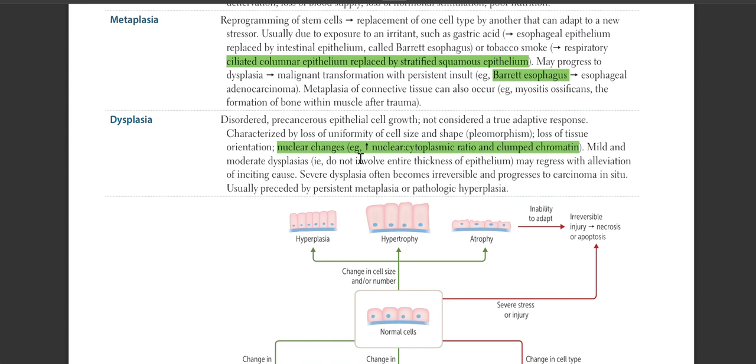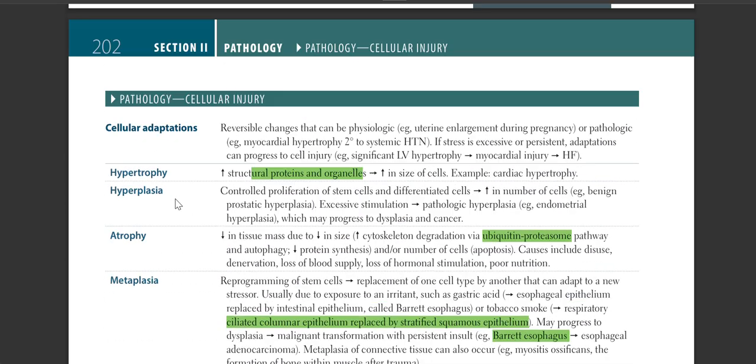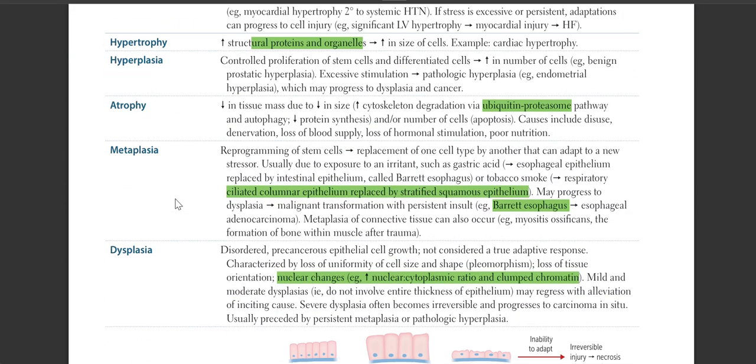And when we study cancer, you'll see that this is also seen in a lot of cancer cells, that the nuclear cytoplasmic ratio is increased. And along with that, you have clumped chromatin. And chromatin is basically the non-condensed form of chromosomes. So any questions with these cellular adaptations?